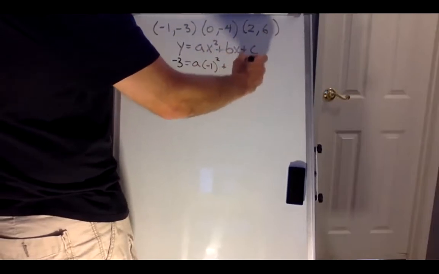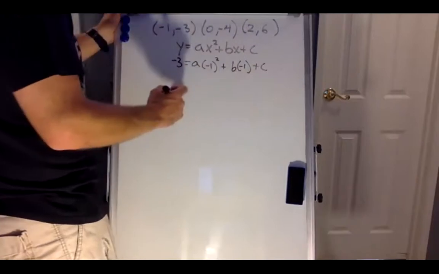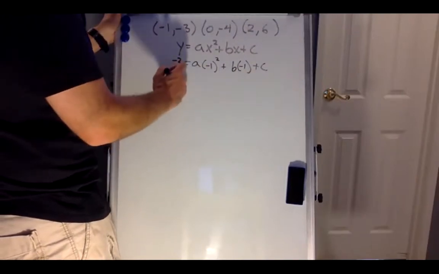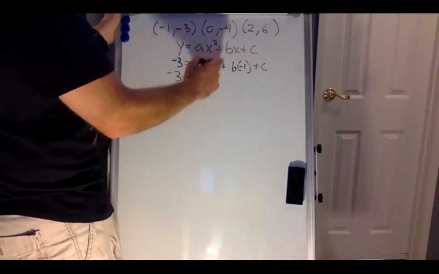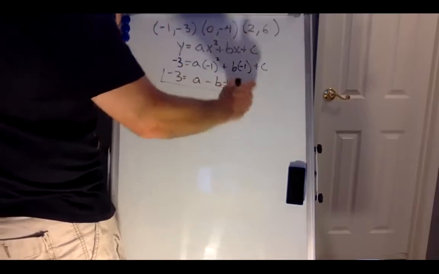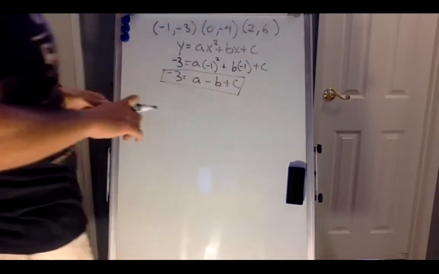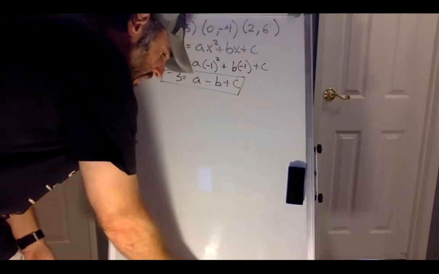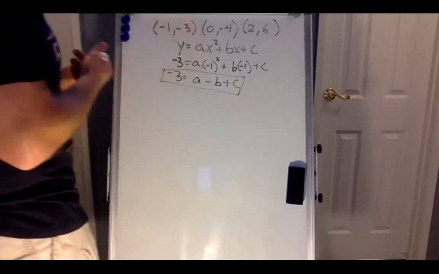B, x is -1. C. So then what do I get? I get -3 is equal to A minus B plus C. This is one of my equations. That came out pretty well. They're not trying to hurt you on this first one here.